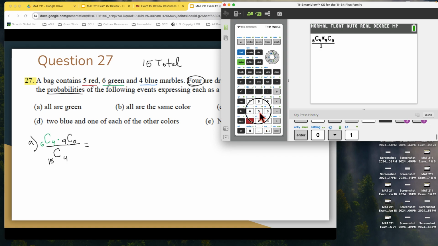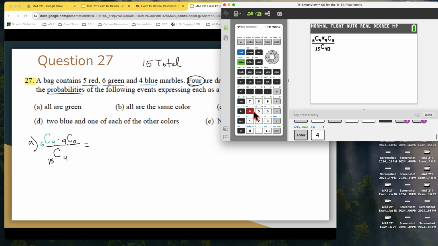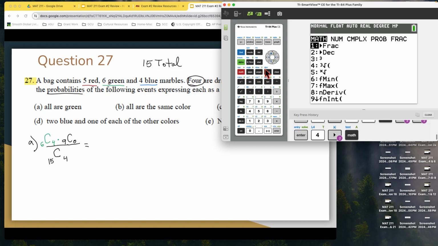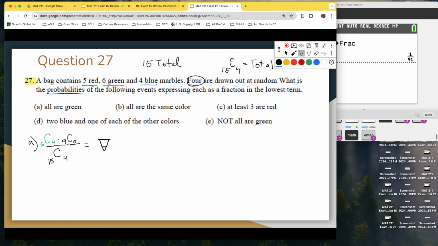Then 15, math, we want our combination, 4, and that's going to give us a probability. We arrow out, and we want it as a fraction, so we go math, fraction, and it's 1/91, one out of 91 ways. Not a very big chance of getting all greens, but that's what it is.